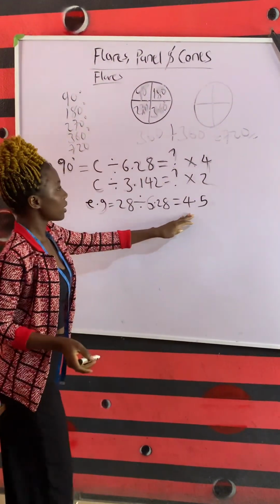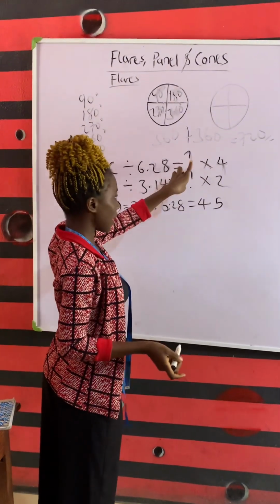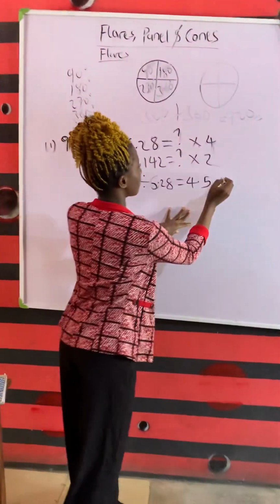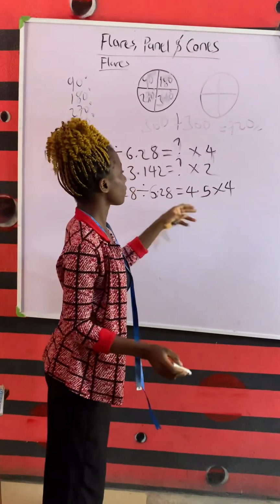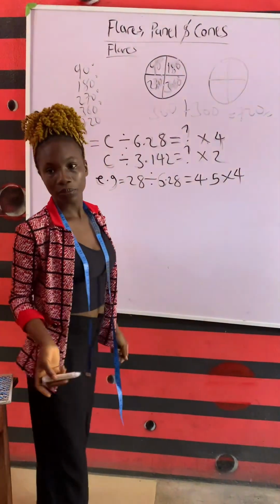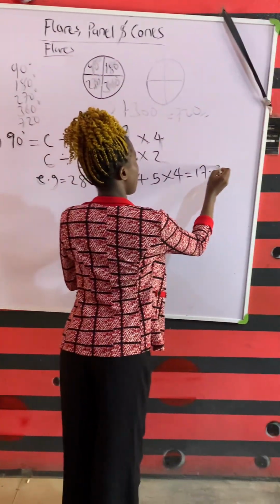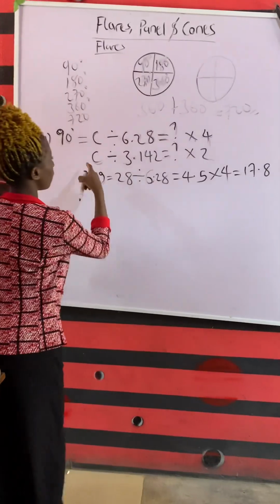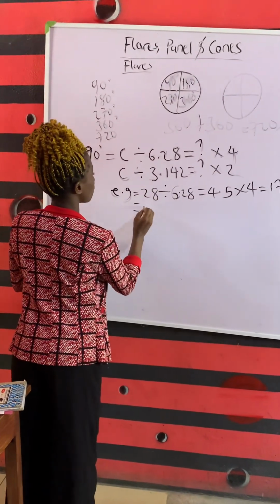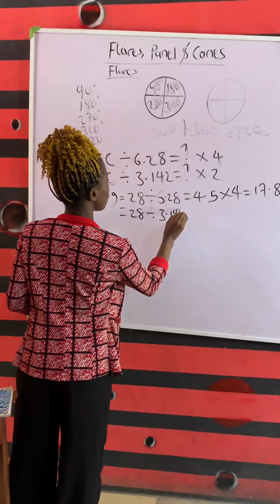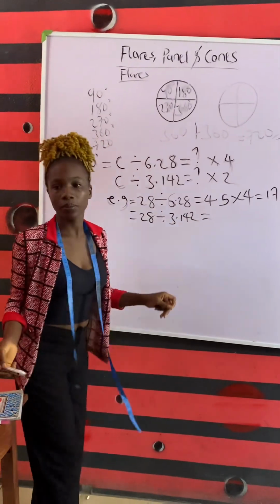This is a 90 degrees flare, so times 4. 4.5 times 4 is 17.8. So for the second formula, 28 divided by 3.142 equals what?